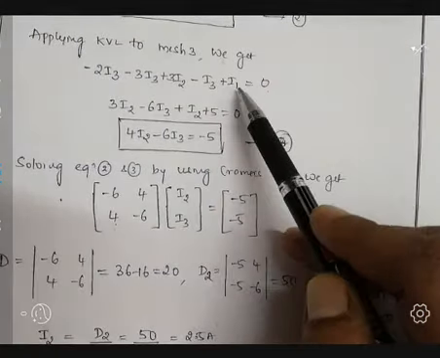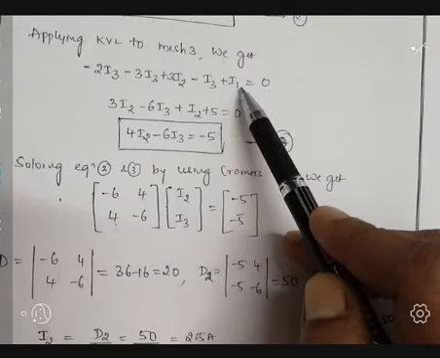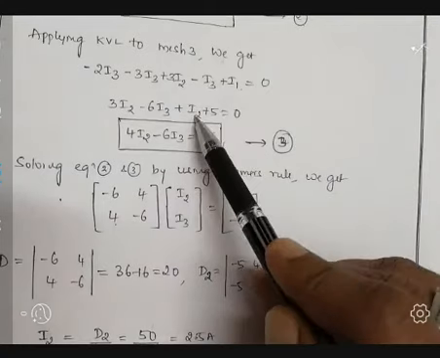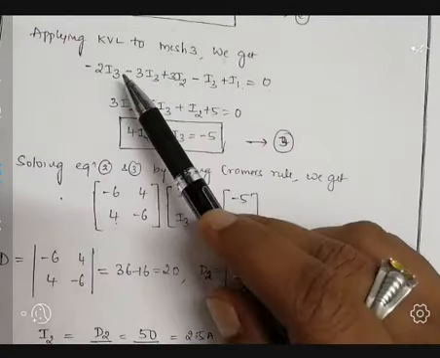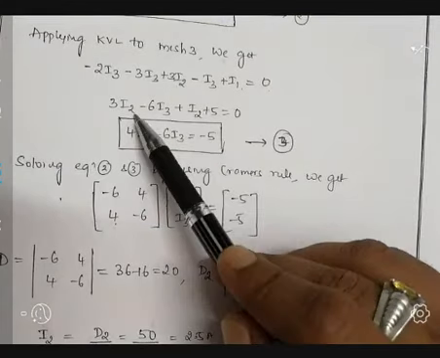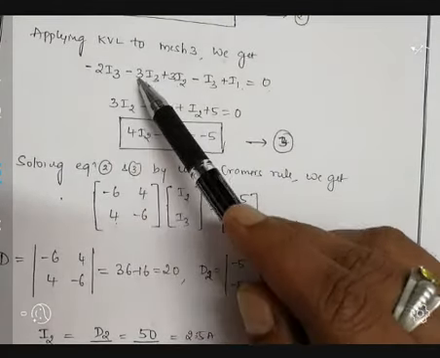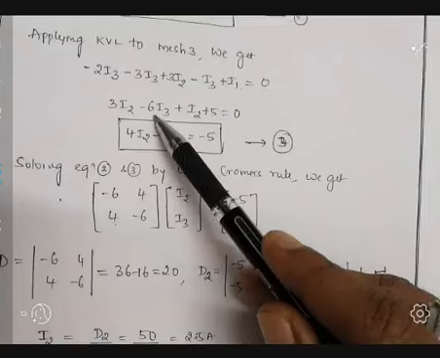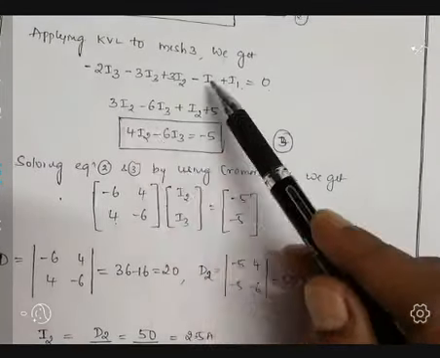Now first write the coefficient of I1. I1 equals I2 plus 5. Next, the coefficient of I2 is only one term, that is 3I2. The coefficients of I3: minus 2 minus 3 minus 1, that is minus 6I3.